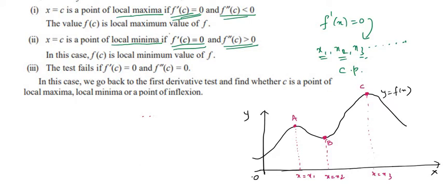We must be very clear about what is absolute maximum and minimum and what is local maxima and minima. A function may have any number of local maxima and any number of local minima, or sometimes a function may not have a local maximum or local minimum, or some other function may have only a local maximum but no local minimum, and vice versa.